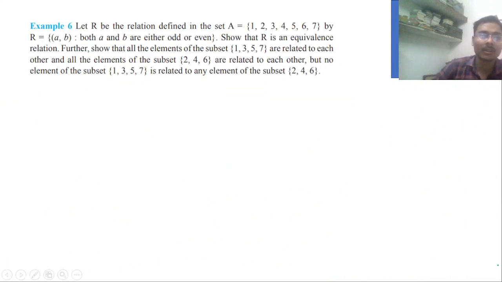Coming to the sixth example of this chapter, number 1.